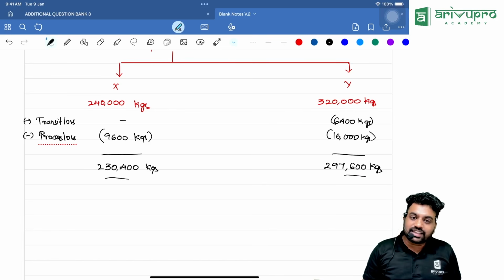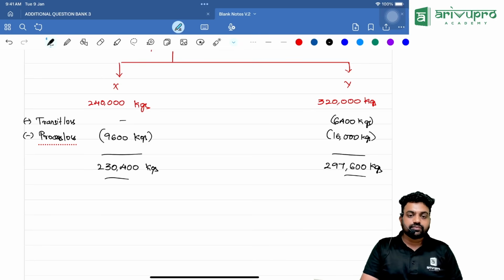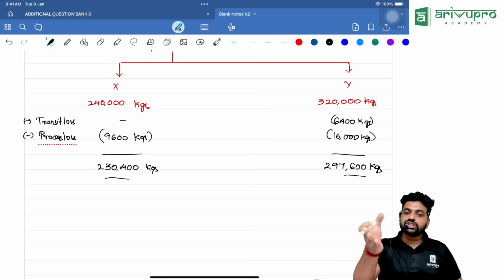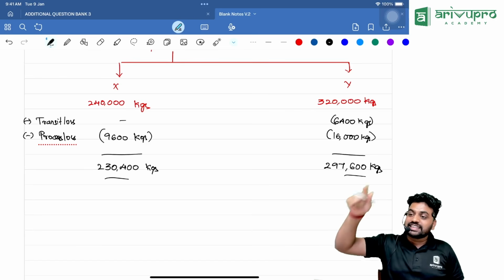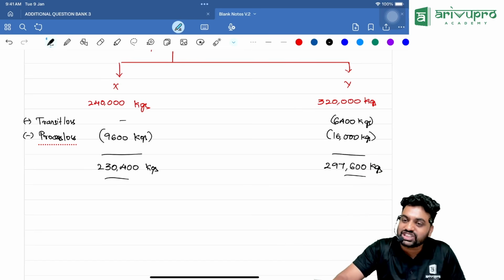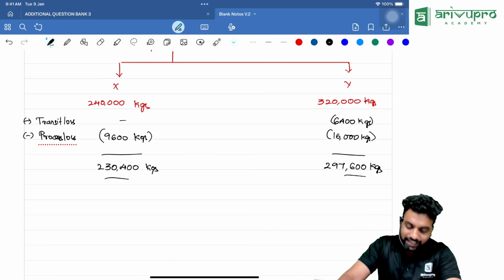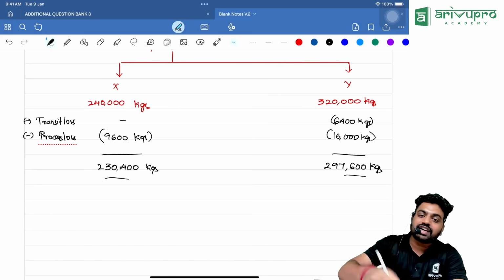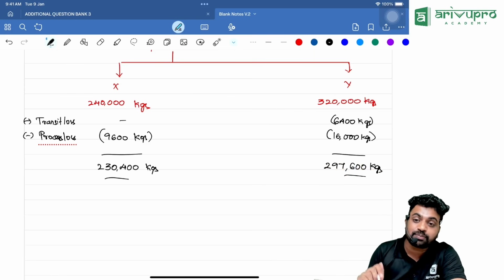Using 2,30,400 divided by 3, you can produce just 76,800 units. Can you produce 80,000 units? To produce 80,000 units, we need good units of so much. I hope you are able to understand. So whatever we computed by considering 2,40,000 as a purchase and 3,20,000 as a purchase is wrong.